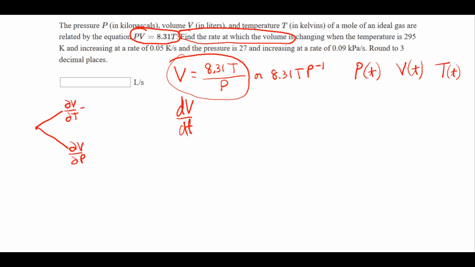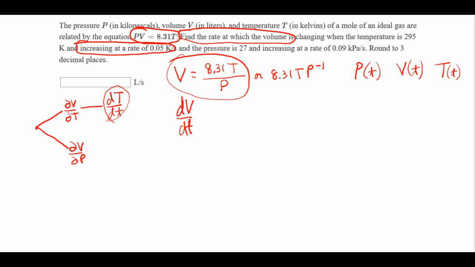And so we could also do the derivative of temperature, capital T, with respect to time, lowercase t. Now that is nothing more than the rate at which the temperature is changing. Although we don't know the function for that, we know the rate at which the temperature is changing.